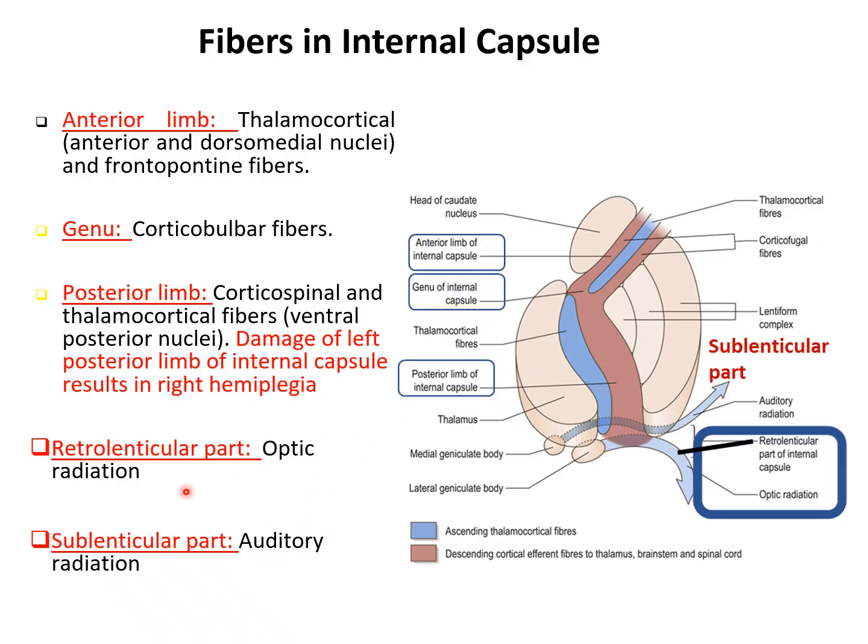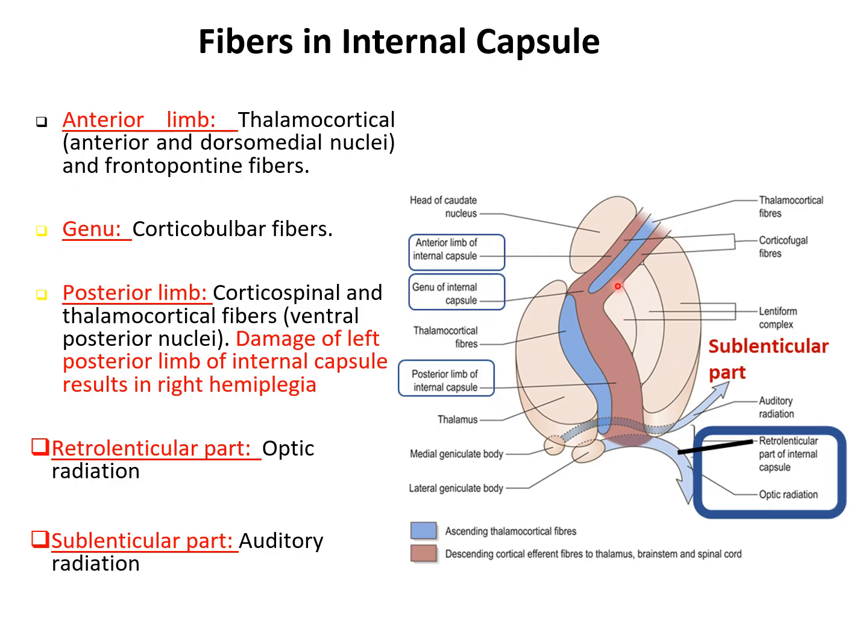The retrolenticular part of the internal capsule is called the optic radiation, from the lateral geniculate body of the thalamus to area 17, or primary visual area, in the occipital lobe.